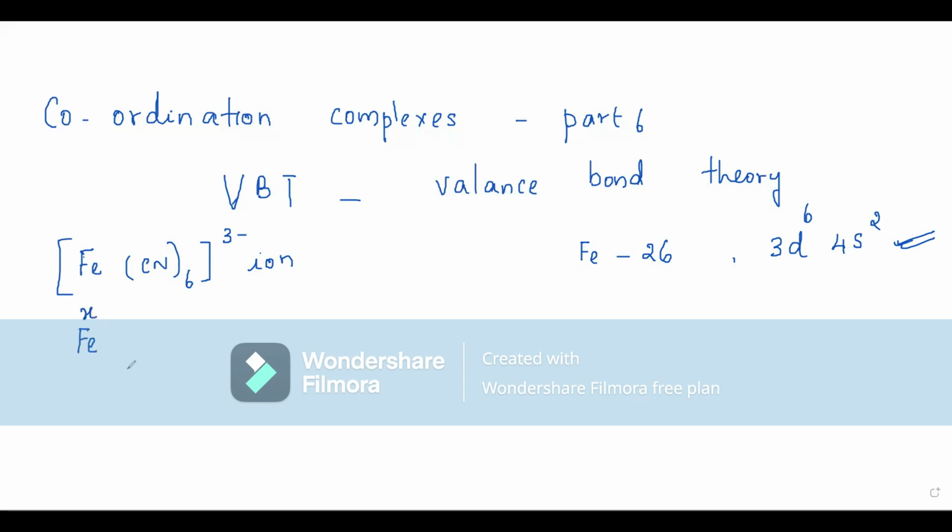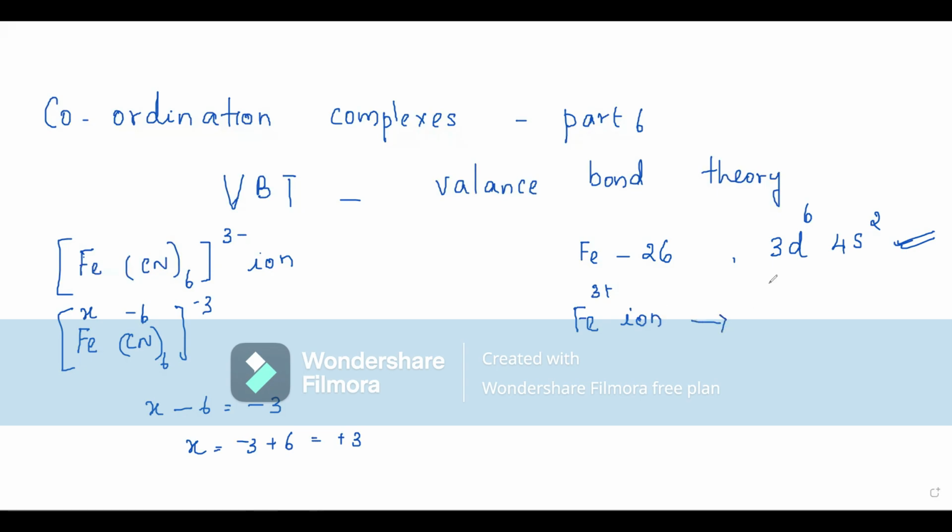So let me take it as X, and CN6 is minus 6. So X minus 6 is equal to minus 3. So X is minus 3 plus 6, which is plus 3. So here Fe is in the plus 3 oxidation state.